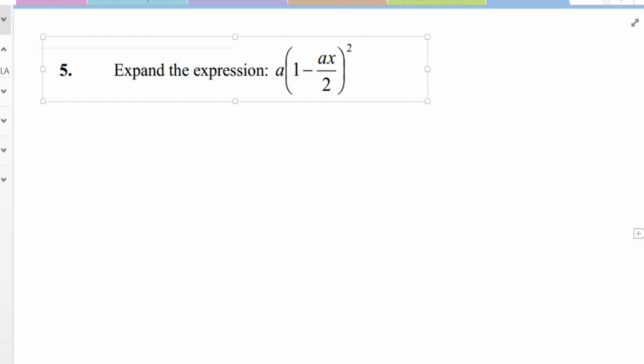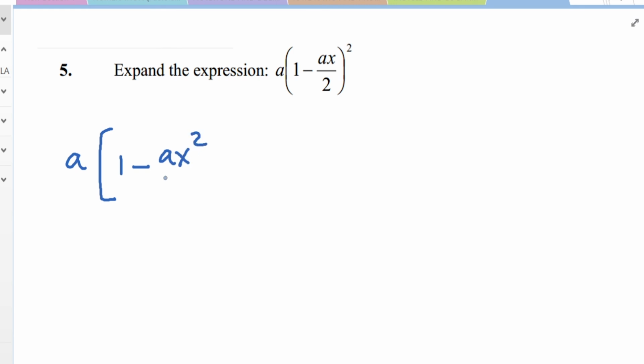So I have to expand it. Moving on, they will require us to expand this expression A into (1 minus ax squared over 2) to the power 2. Now take note that we shall use this identity.